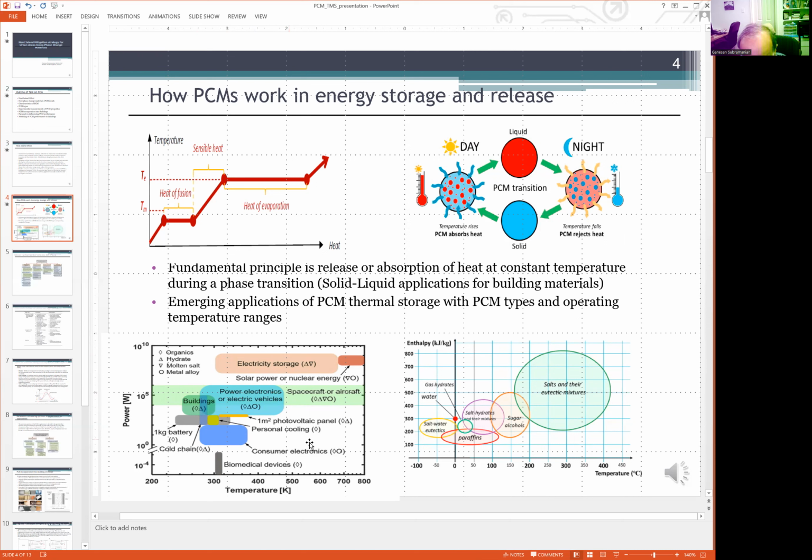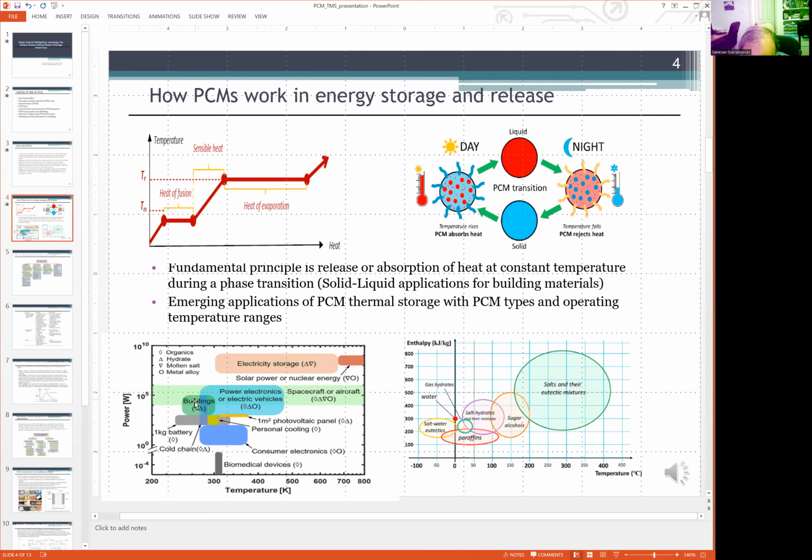And in addition for consumer electronics, where the tight packing of semiconductors generates a lot of heat that has got to be removed effectively. And it's also used in biomedical devices, electric storage. And for the talk of interest, we are focusing on building.